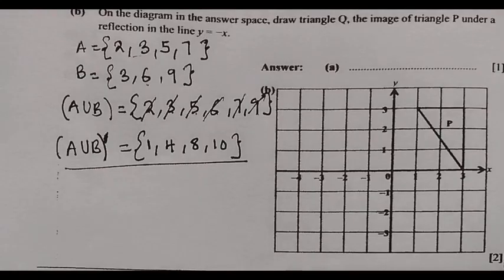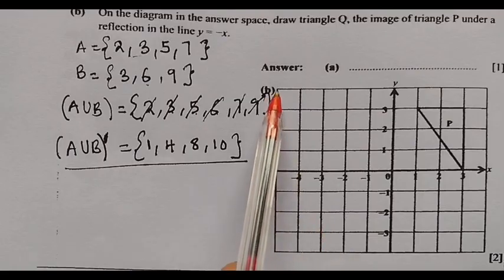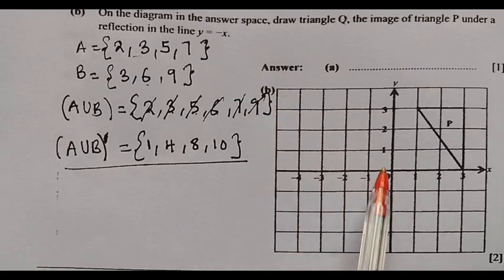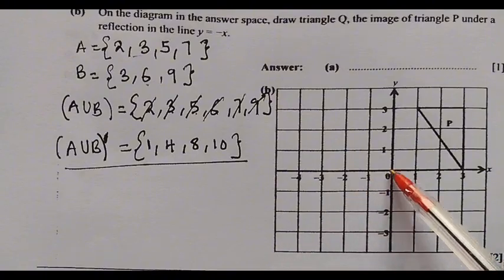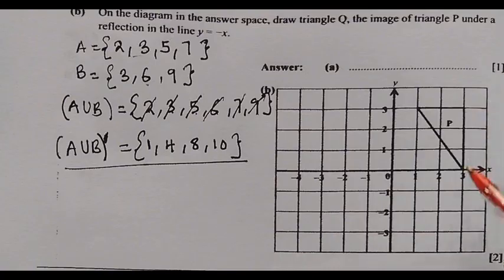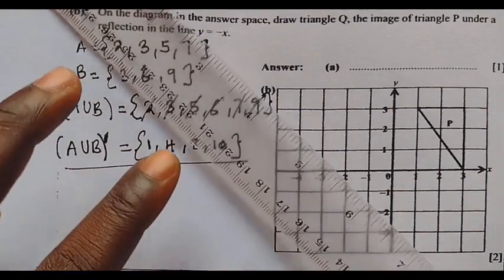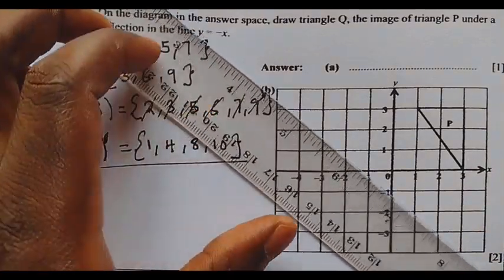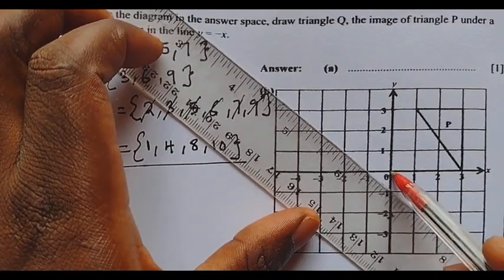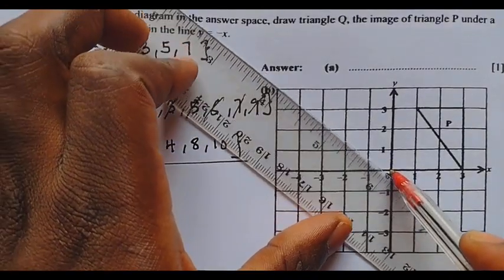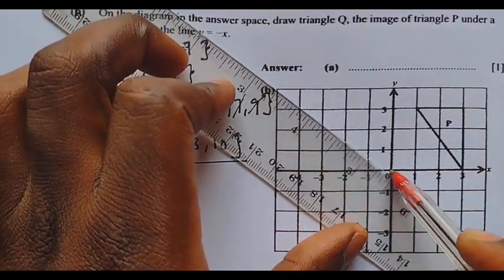Okay, so let us identify where. So y is equal to negative x. It passes right here. Then here, this is where you have y is equal to x. So you have to know this. So I've said y is equal to negative x. It will pass right here.